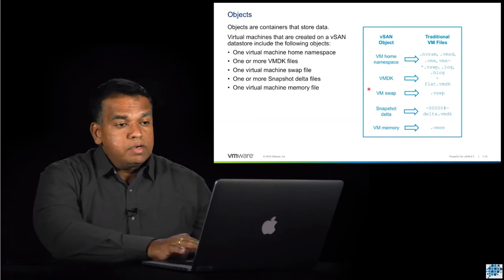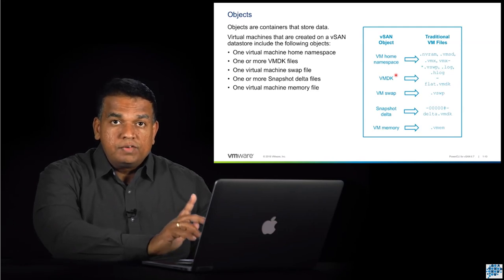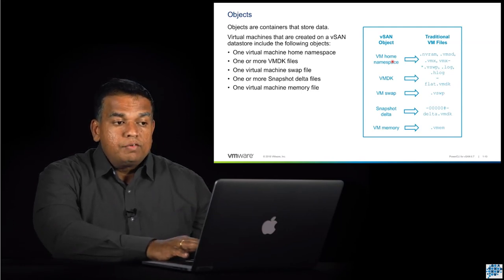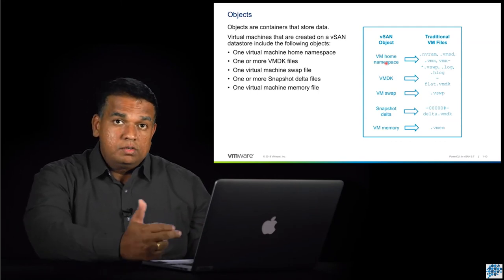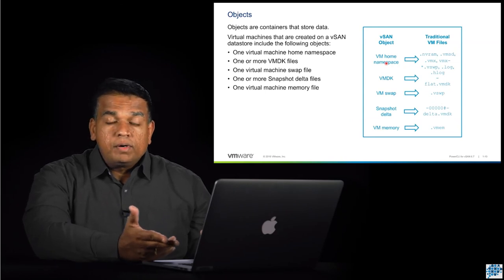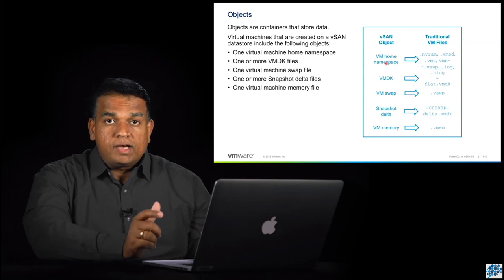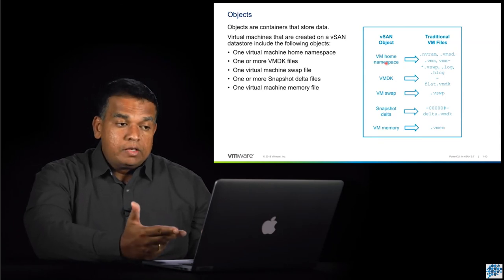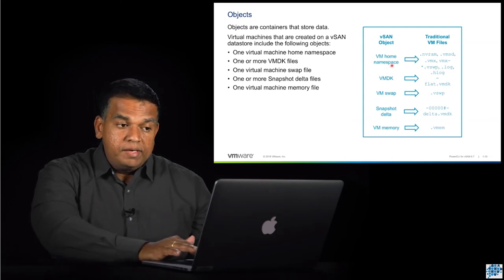If you take a look here, what are the different kinds of files which are stored on vSAN? You have the VM home namespace. Even though the name sounds a bit new, it is nothing but your VM home directory. Every virtual machine is stored in a home folder, which is actually the name of that virtual machine. So in the vSAN terminology, it is called the VM home namespace.